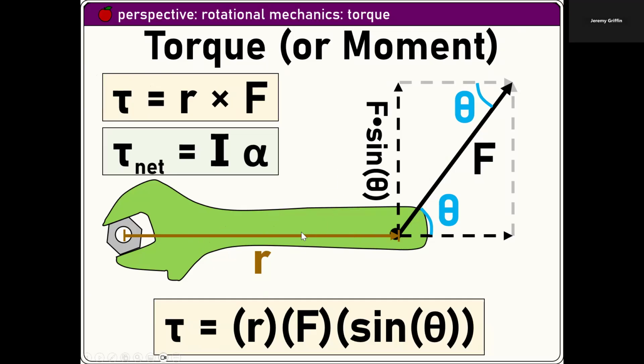Could you imagine that the harder you press, the greater force you put on it upwards, say in the counterclockwise direction, that might make it easier to turn this? Or what if you had a longer wrench? I think that could help too. Or what if you align your pushing force in this radial arm at a perpendicular angle, so this angle theta goes to 90 degrees? All that could help you increase your torque, which would help you loosen this nut.